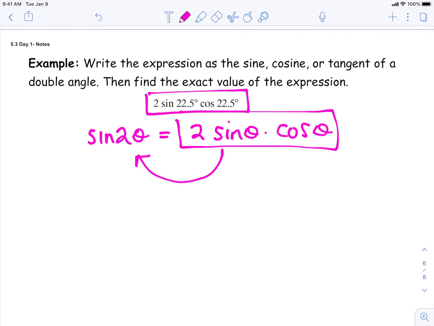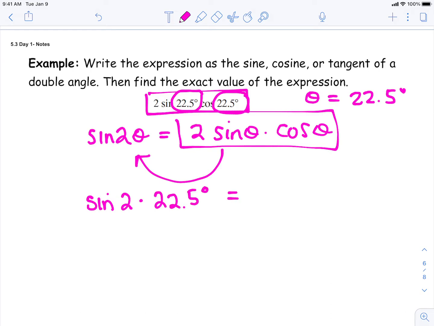So we need to find the appropriate theta. So this 22.5 degrees is our theta. So we're going to substitute on the left-hand side. So the sine of 2 times theta, 22.5 degrees. Now we simplify. 2 times 22.5 is 45 degrees.